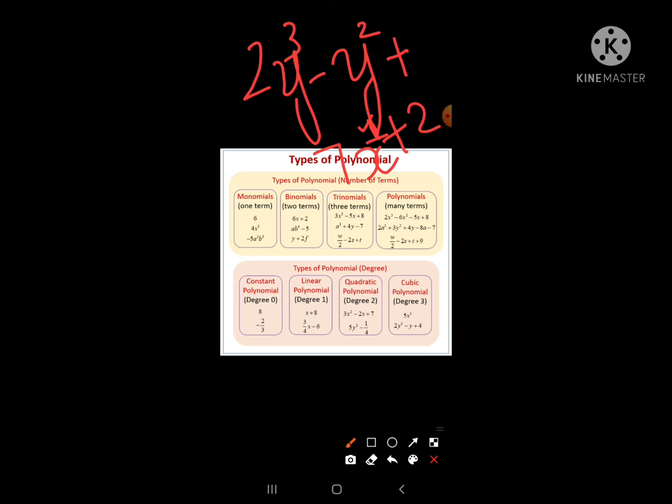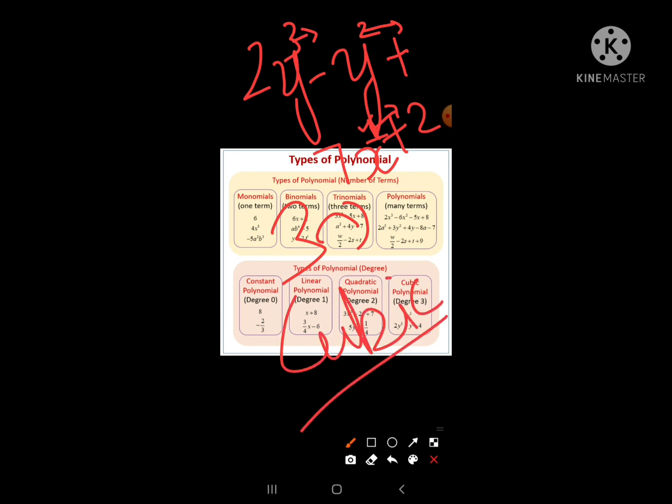Is 1 highest, or 2, or 3? Of course 3 is highest. So the polynomial whose degree is 3, we call a cubic polynomial. Got it? I hope it's clear. Constant, linear, quadratic, cubic are clear to you.